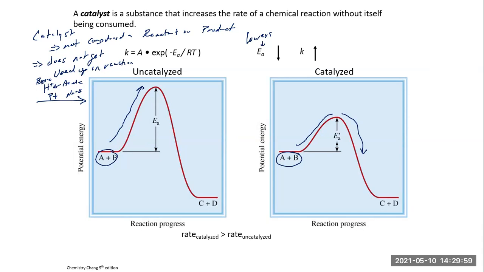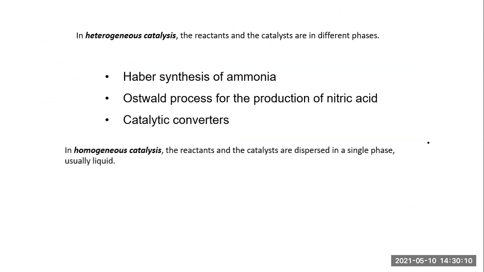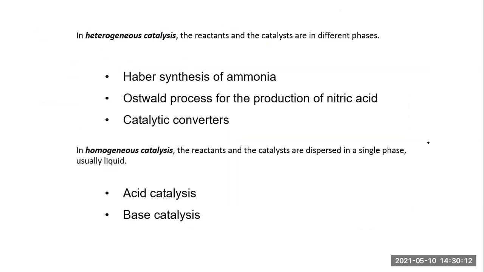Now, when we talk about catalysts, there are different types of catalysts. There are ones sometimes referred to as a heterogeneous catalyst, like a heterogeneous mixture. Heterogeneous means you see different layers or different phases, right? That's the same idea here.